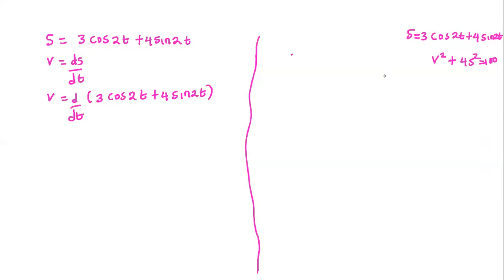Okay, Melissa. -6 sine of 2t plus 8 cos of 2t. Thank you, Melissa. So, members, that's what you get when you differentiate.